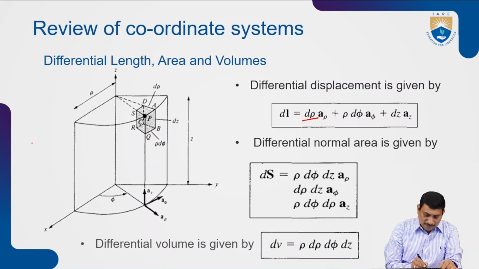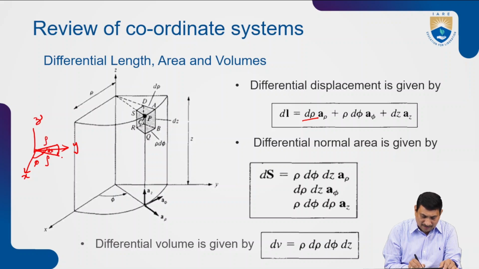Let me explain here. Suppose we have the x-axis, y-axis and z-axis, with rho, and this is phi. If I increase phi by an amount of d phi, there is an arc, and the arc length increased in the phi direction is not d phi, it is given by rho d phi.